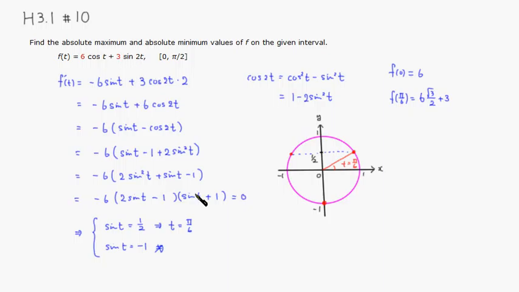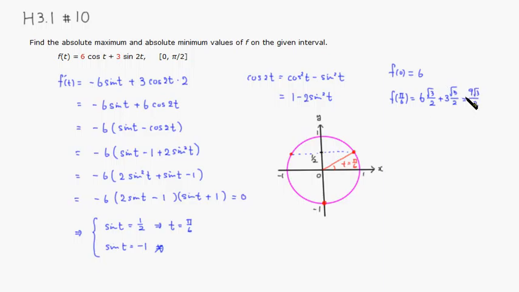Sine of pi over 3 is again square root of 3 over 2. So 6 plus 3 is 9, square root of 3 over 2.